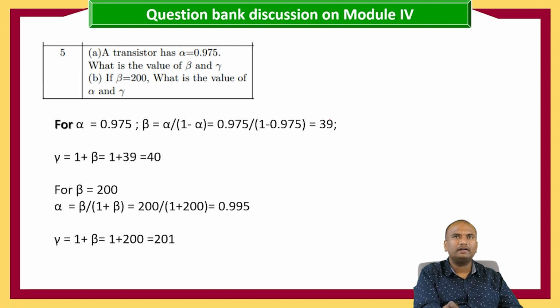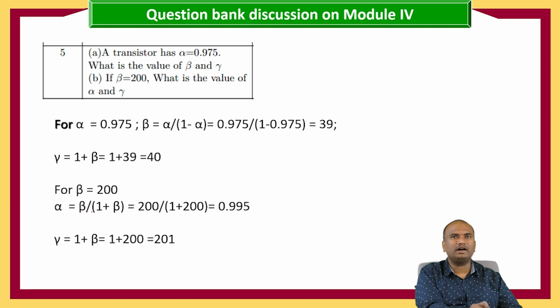This is our beta value, and gamma is equal to 1 plus beta, which is equal to 1 plus 39, which is 40.